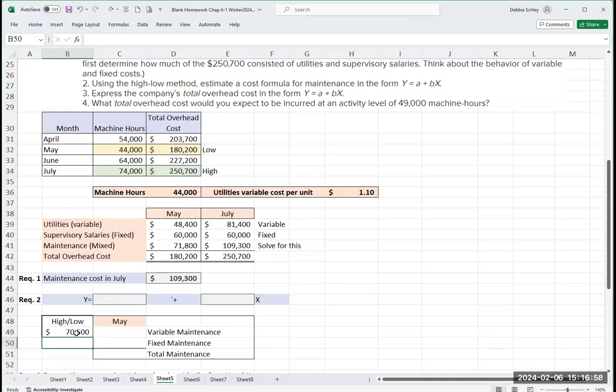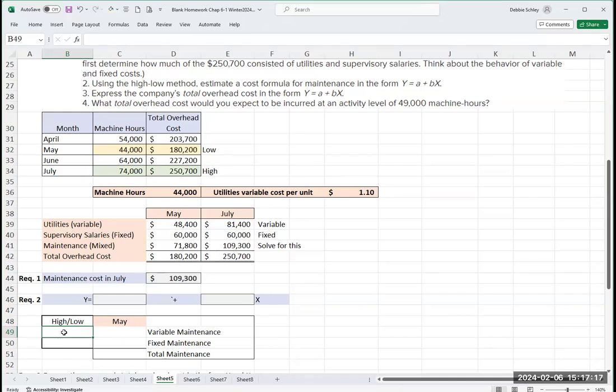Nope, I did that wrong. I'm looking at the wrong numbers. Okay, hold on. Let me look at the question again. Using the high-low method, estimate a cost formula for the maintenance. So we're just looking at maintenance, not the totals. Okay, let's try that again.